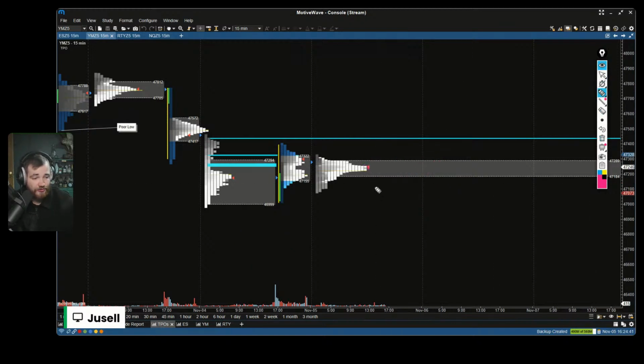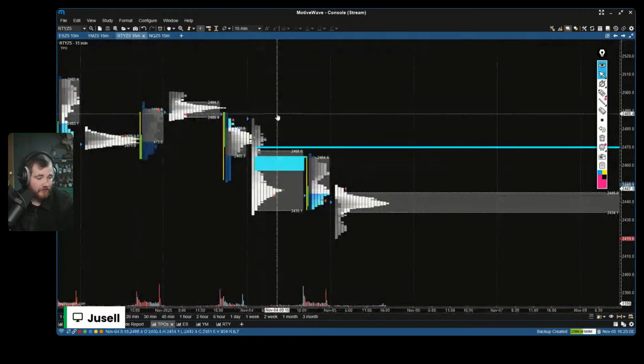First scenario, push down, reject the lows of the overnight session and yesterday's low into these magnets above. No, three magnets above. We have magnet 1, magnet 2, and magnet 3, which will give us quite good risk reward and clear levels to look for exits. All right, and that's for YM.